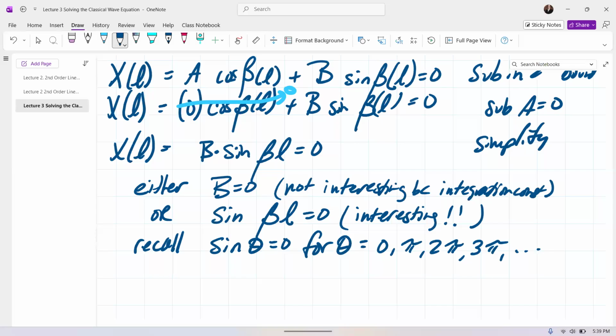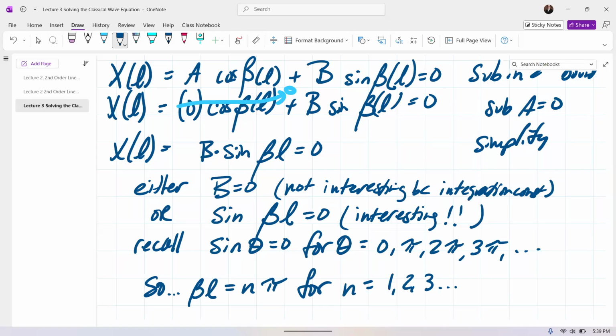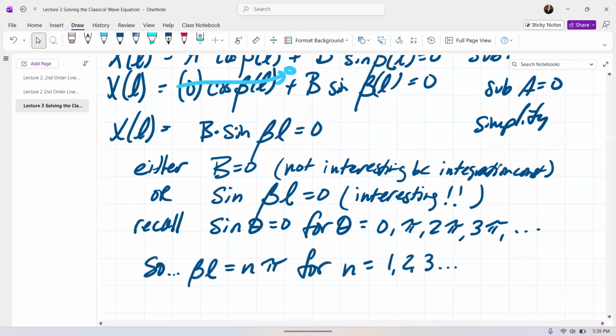So then beta L, the theta, the thing, equals n pi for n equals 1, 2, 3, and so on. We'll omit 0.